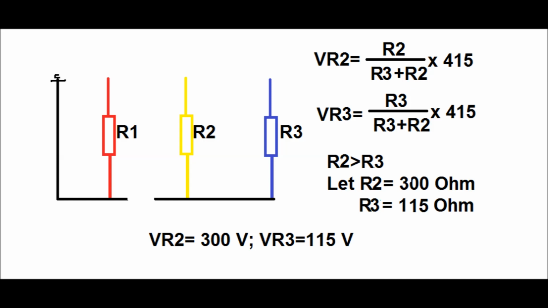Let's consider the loads are connected such that the resistance of household 2, R2, is equal to 300 ohm, and the resistance of household 3, R3, is equal to 115 ohm. Therefore household 2 will sense a voltage of 300 volt, and household 3 will sense a voltage of 115 volt.